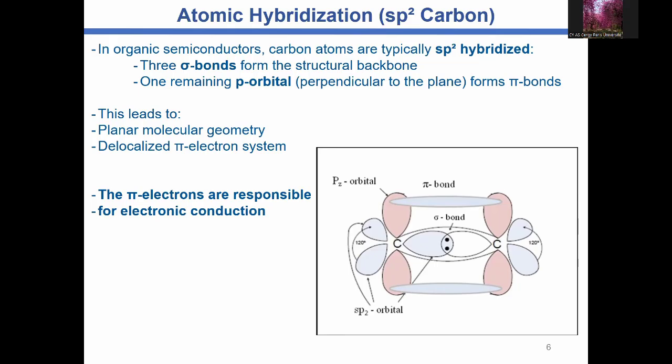And when we approach two carbons with sp2 hybridization, the bonding will be a sigma bond between this region of the orbitals, to tighten the molecular behavior of the material.